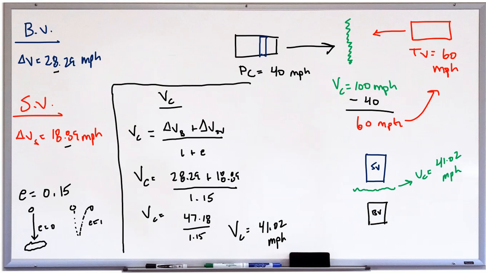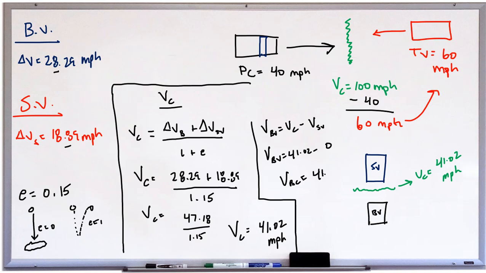And it's pretty easy in this case because the stop vehicle is not moving. But just to see how this would work out, the velocity for the bullet vehicle is equal to the velocity closing minus the velocity of the stop vehicle. So that would just be 41.02 minus 0. So we would have a velocity of 41.02 miles per hour for our bullet vehicle.